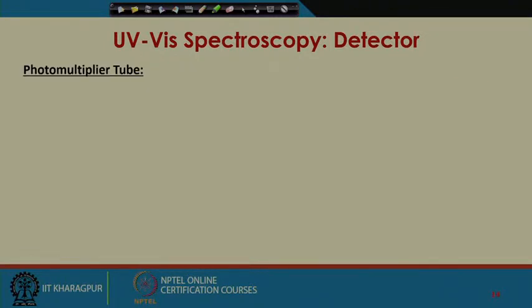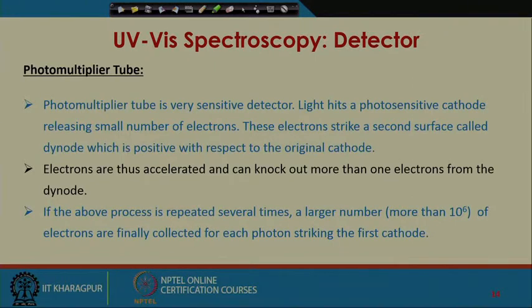The other detector that we will talk about is the photomultiplier tube. Photomultiplier tube is a very sensitive detector. Light hits a photosensitive cathode, releasing a small number of electrons. These electrons strike a second surface called a dynode, which is positive with respect to the original cathode.